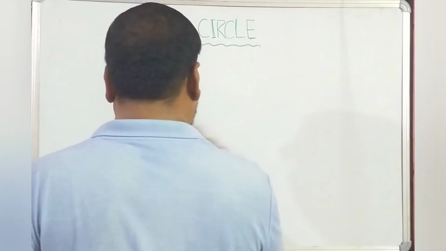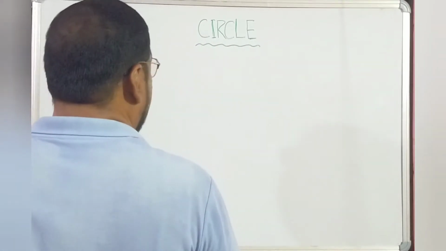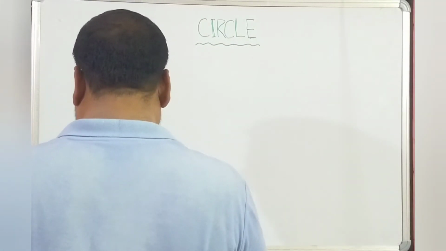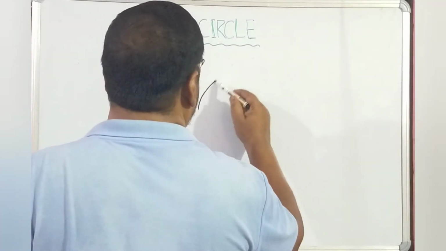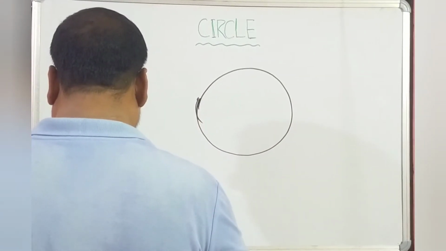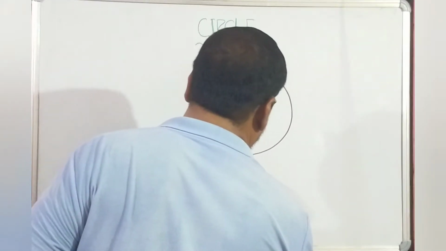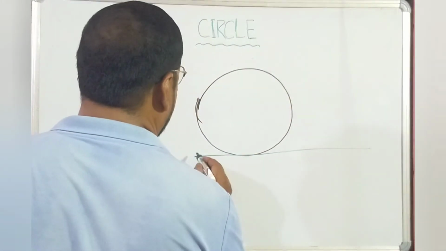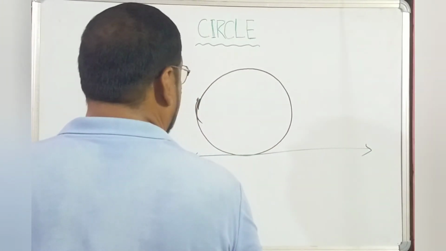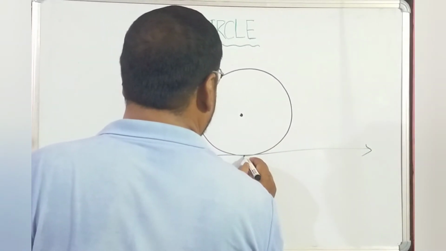What is a tangent? A line that touches the circle at one point. This is a circle and this is the line which touches the circle at one point.